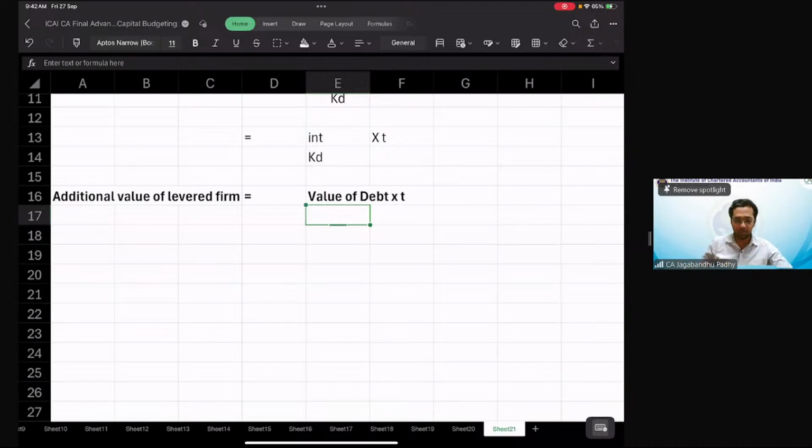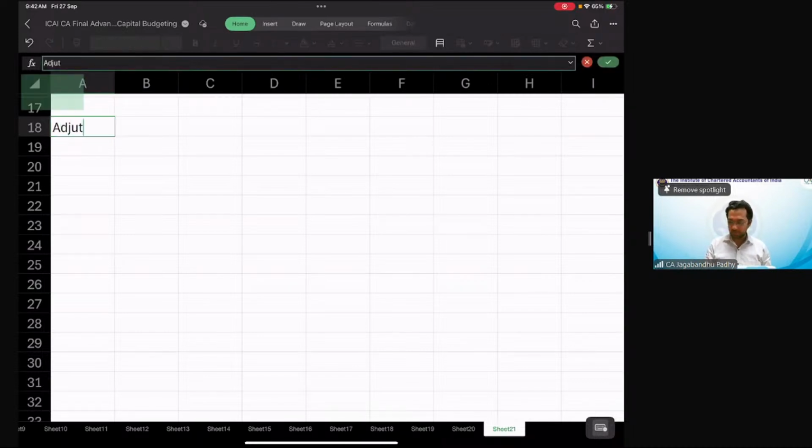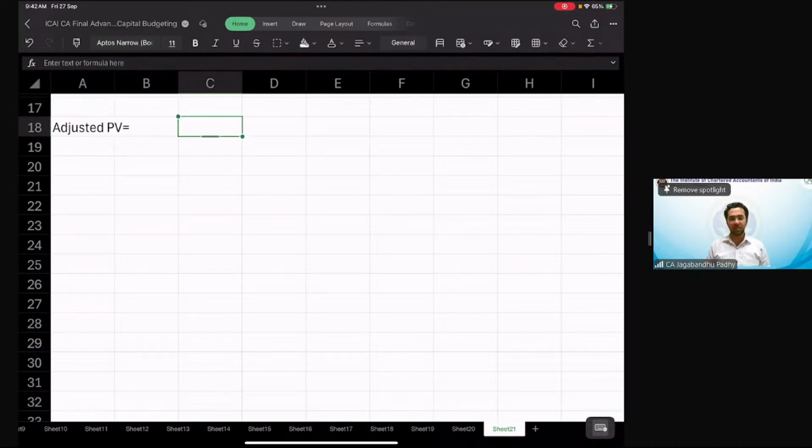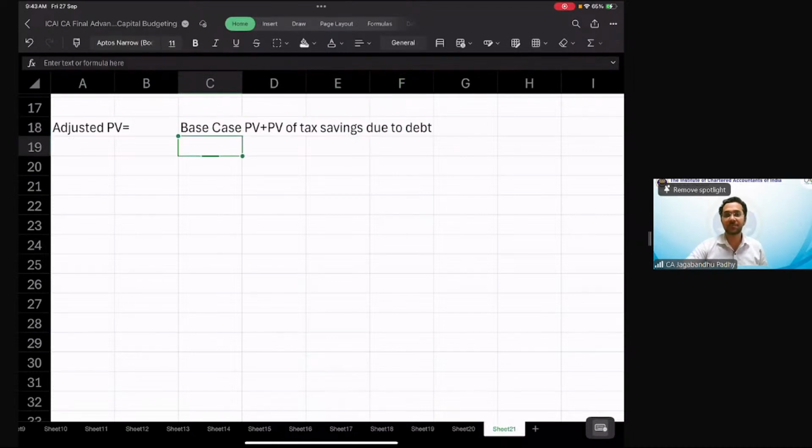Now, same we are going to have in capital budgeting also. What we do is we first calculate the NPV by using cost of equity, right? So basically, adjusted PV is nothing but base case PV, add to that PV of tax savings due to debt.